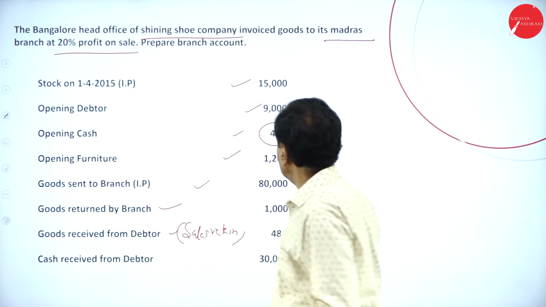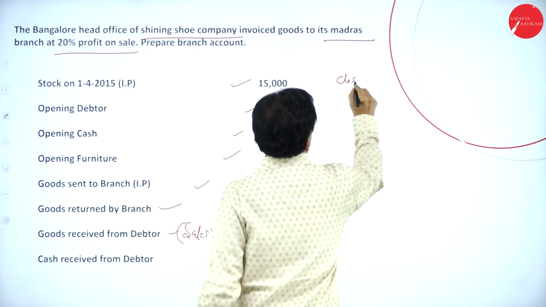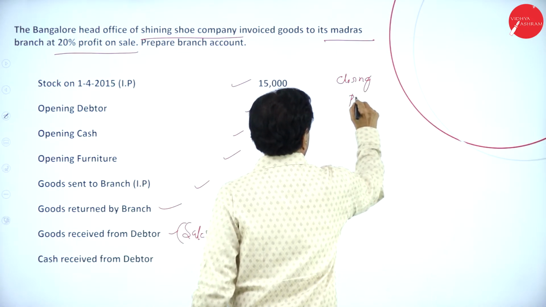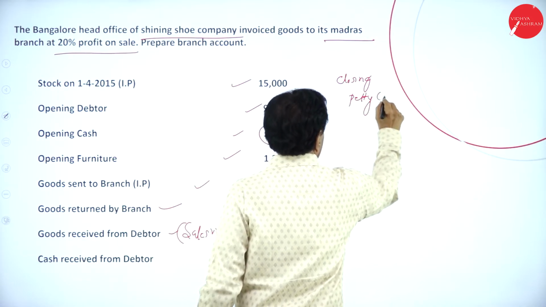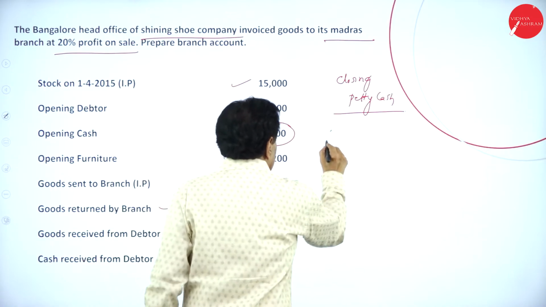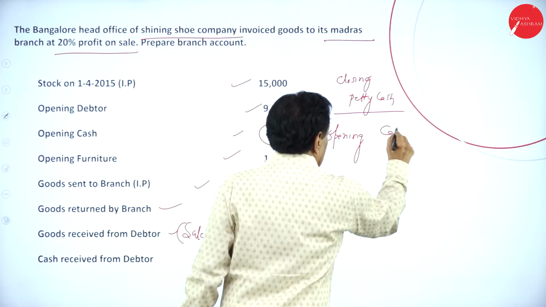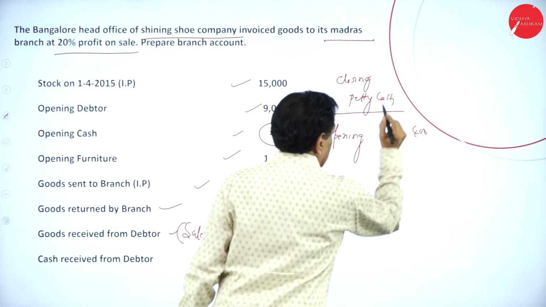What's the opening value? Closing petty cash. What's your opening cash? 400. Okay.